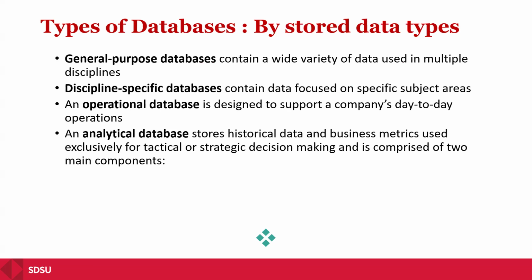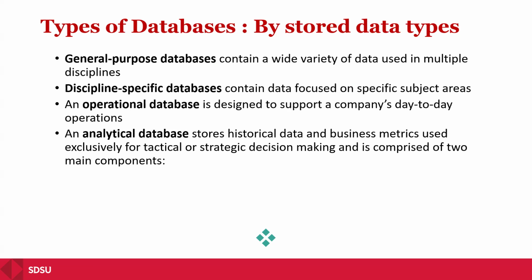By stored data types, there are general purpose databases, and discipline specific databases, which can contain data on a specific subject. Operational databases are designed to support company day-to-day operations.